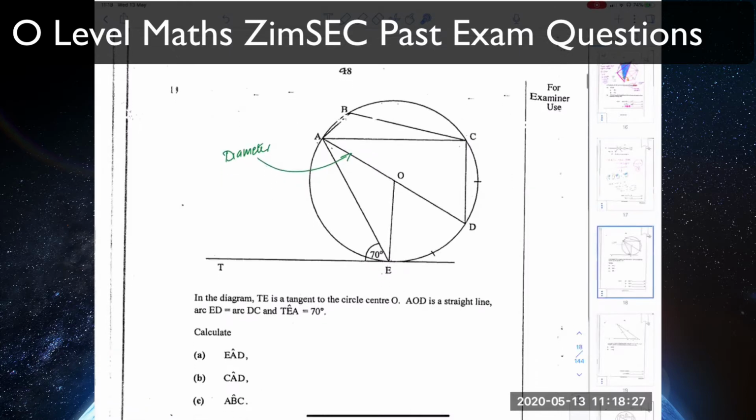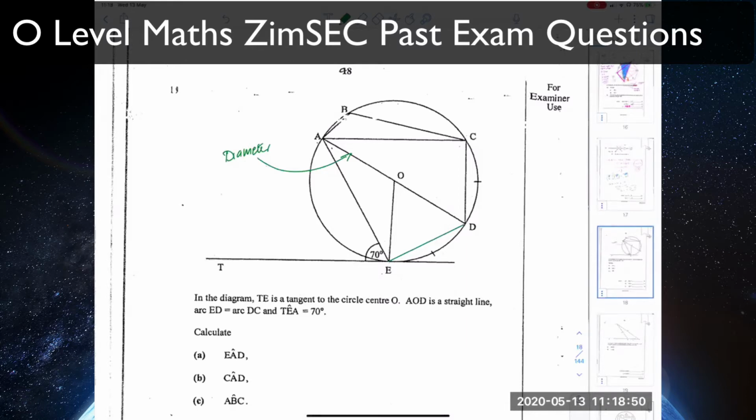And arc ED is equal to arc DC. So arc ED is this one here, and it's equal to arc DC, which means these two are equal. So we could draw an arc here and call that E, that's ED.